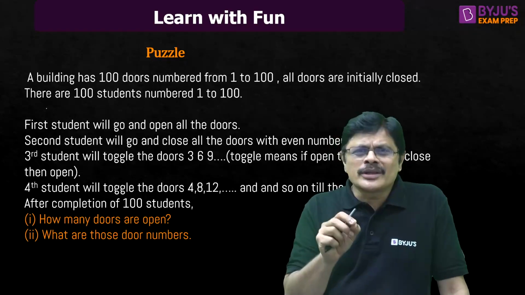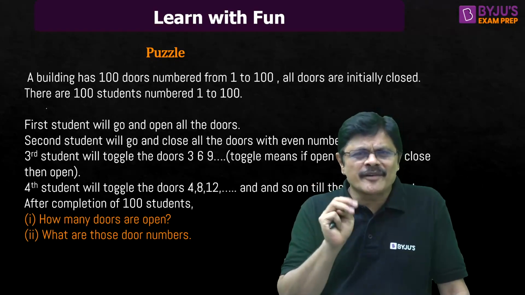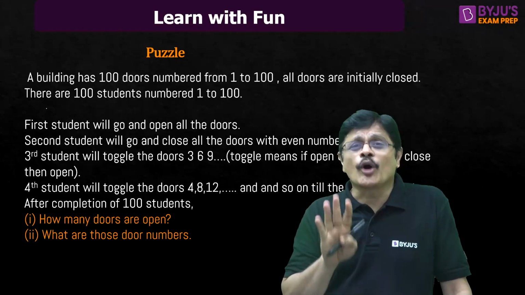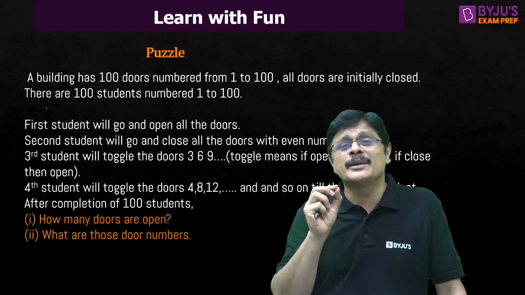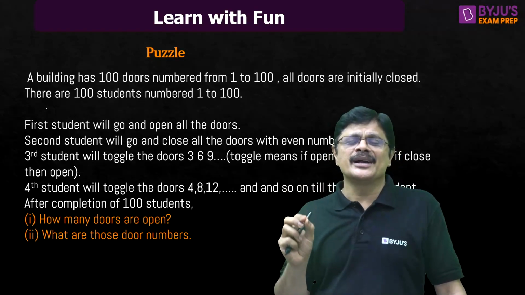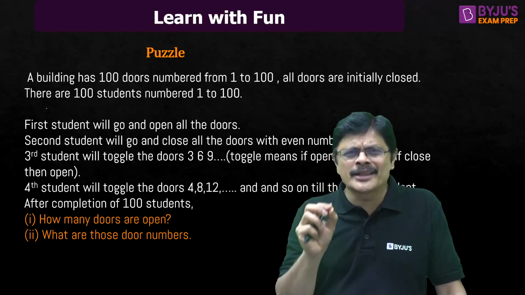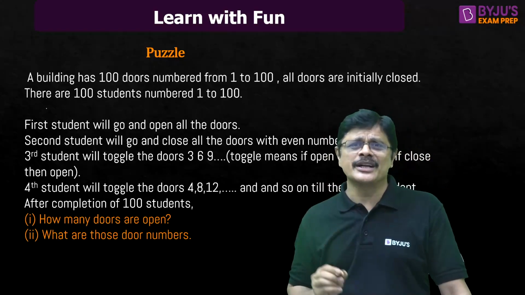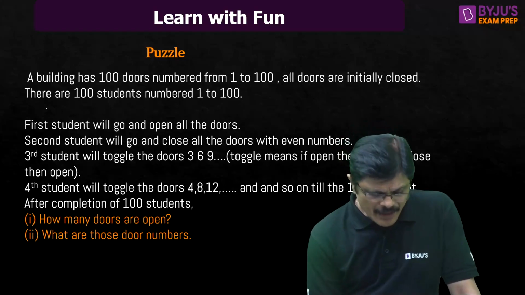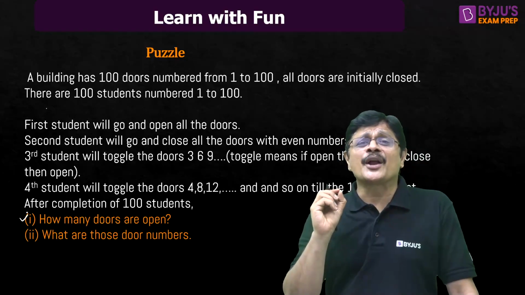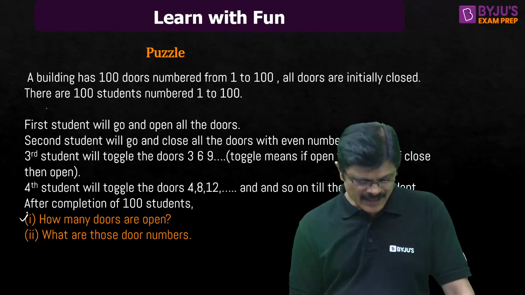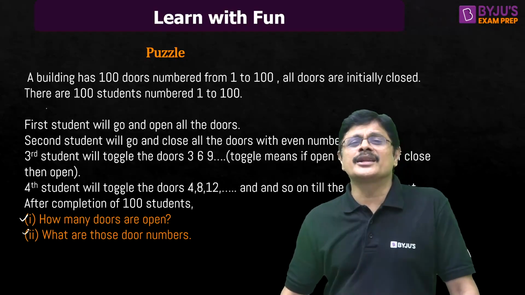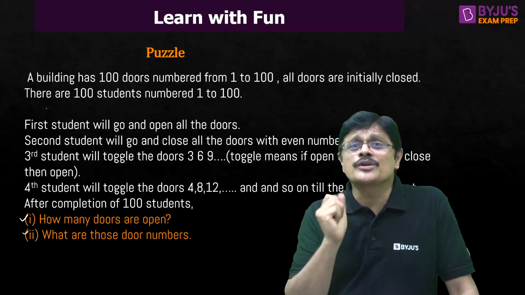The third student toggles the doors whose numbers are multiples of 3. The fourth student toggles the doors whose numbers are multiples of 4, and so on. It continues for all the 100 students. After completion of 100 students, the question is, how many doors are open and what are those door numbers?